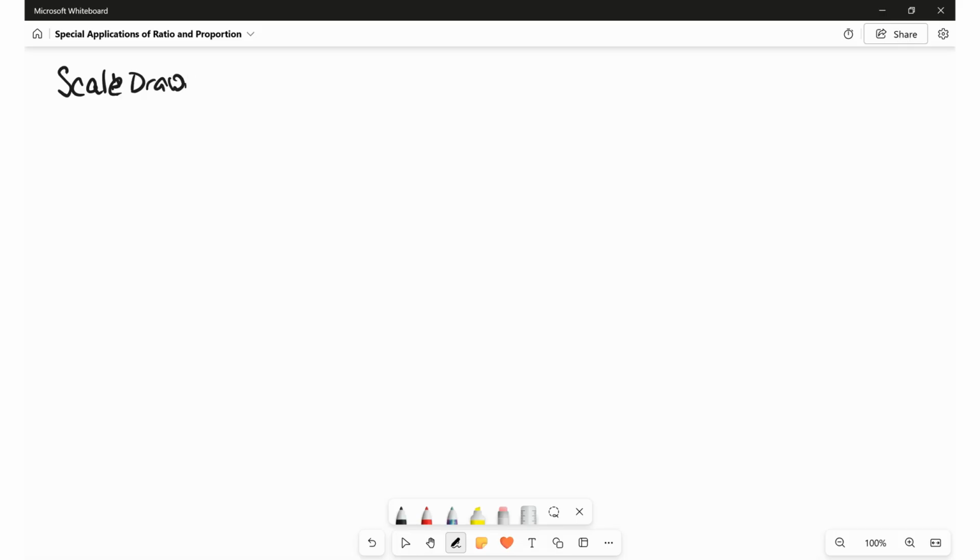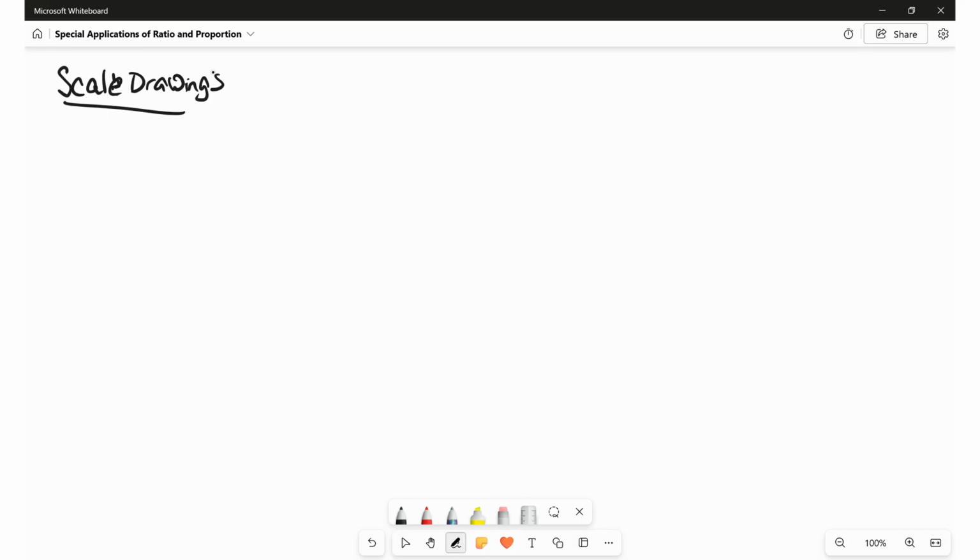So, when we're talking about scale drawings, these are drawings that have their roots in reality, but we're just making either a smaller or a larger replica, so to speak, of what we're talking about.